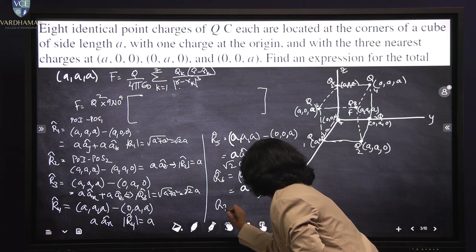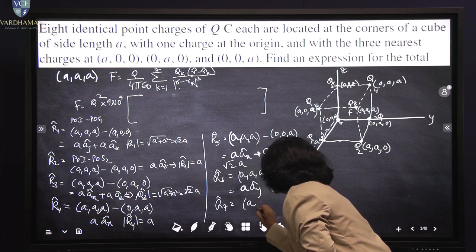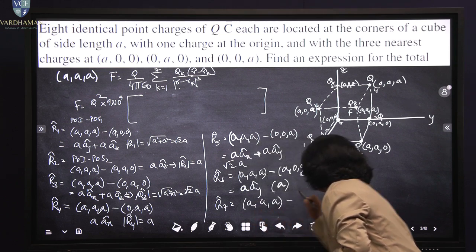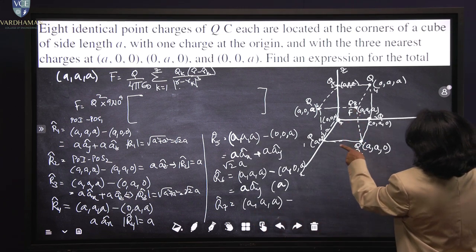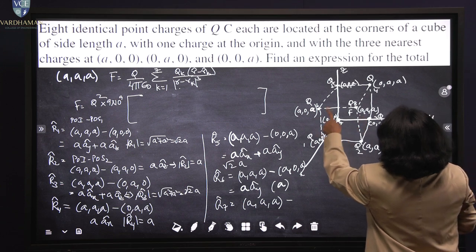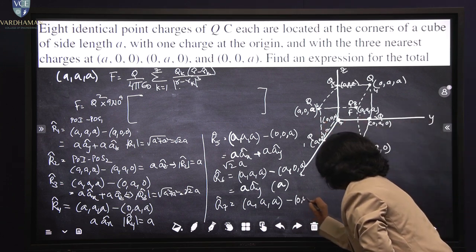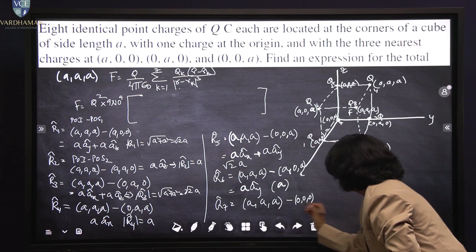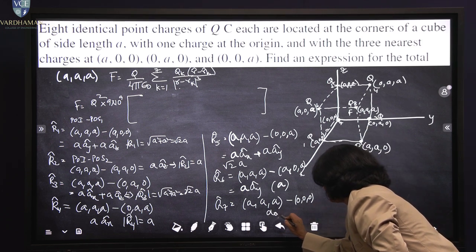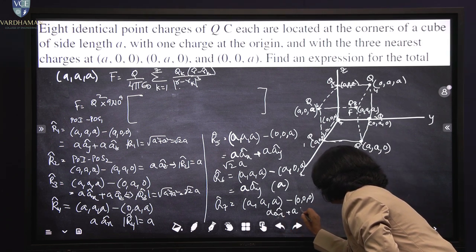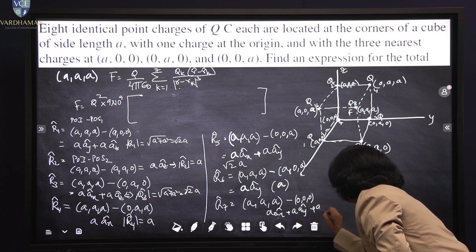Next, seventh vector, a comma a comma a minus, where is the seventh point? Our origin, 0 comma 0 comma 0, which is ax plus ay plus az.